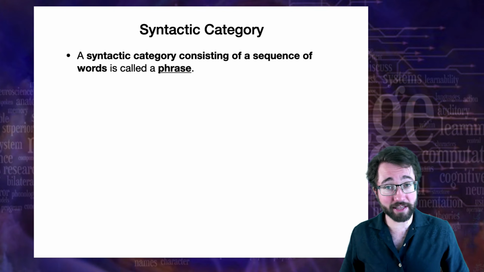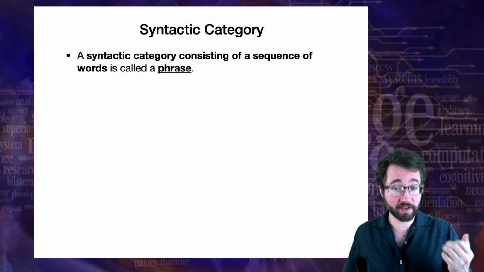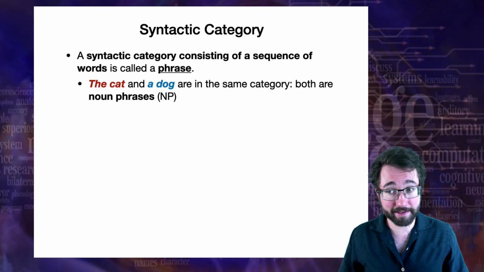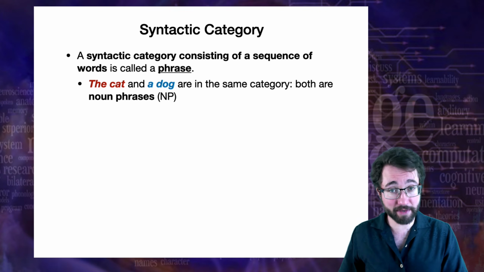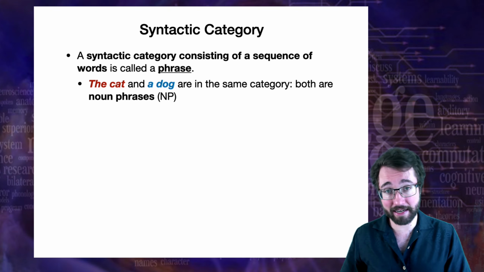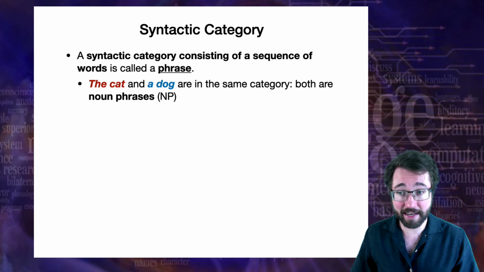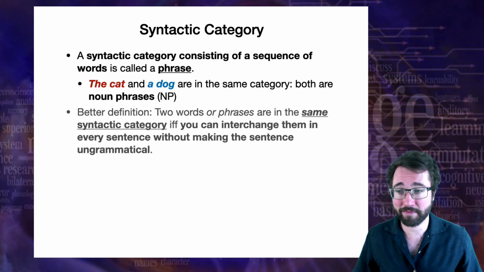A syntactic category that consists of a sequence of words rather than an individual word is what's called a phrase. So the cat and a dog are in the same category, and the name of that category is noun phrase. They're both noun phrases, and the abbreviation for that is NP.